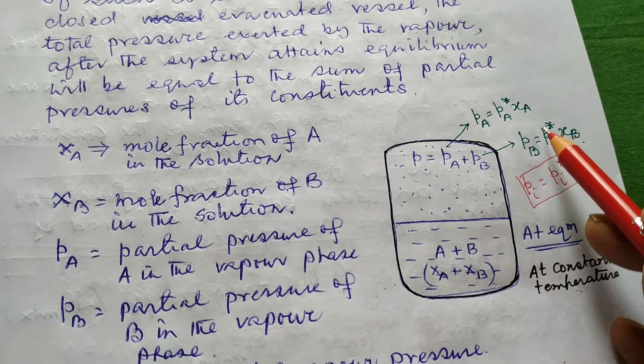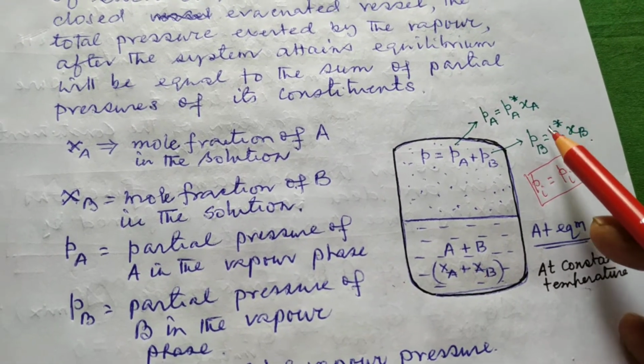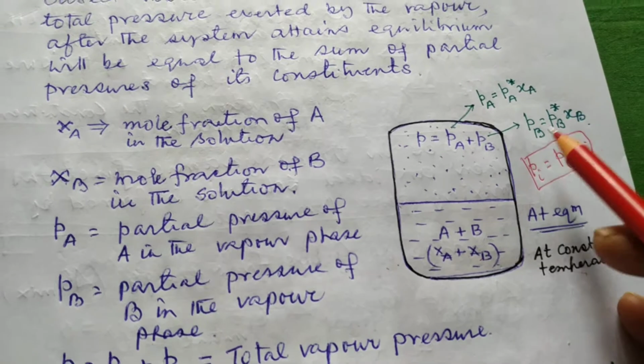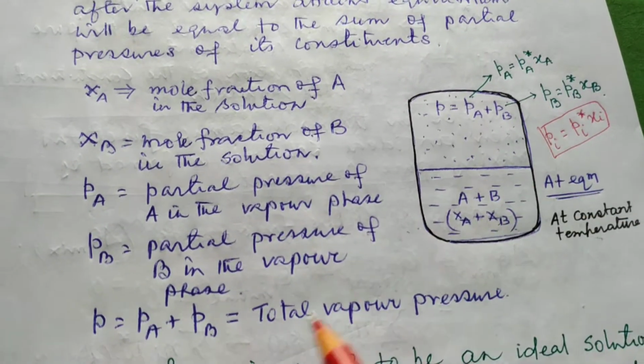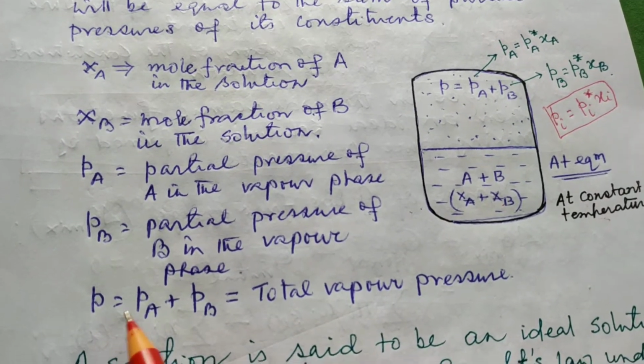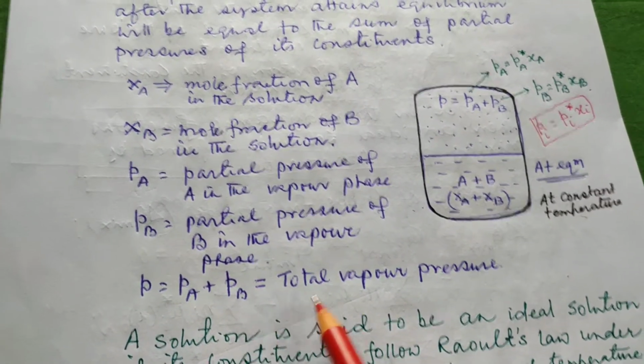Pb star is the vapor pressure of pure B. Now, total pressure P equals Pa plus Pb. This is total vapor pressure.